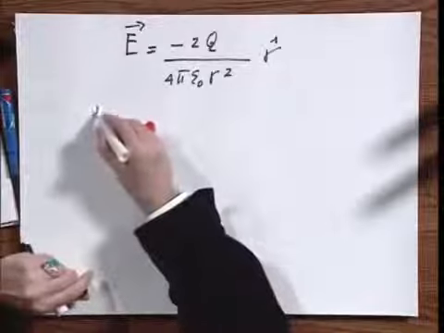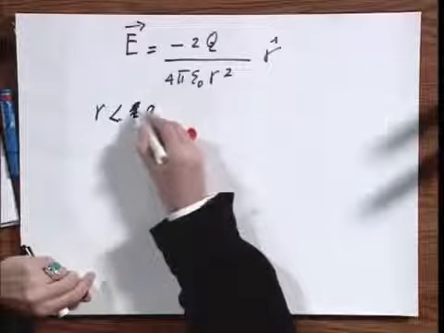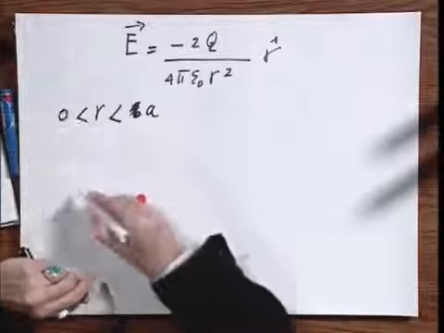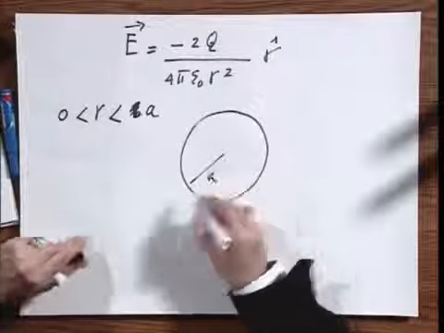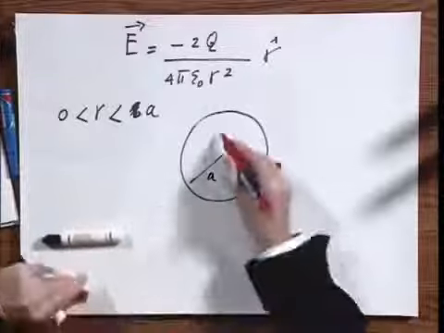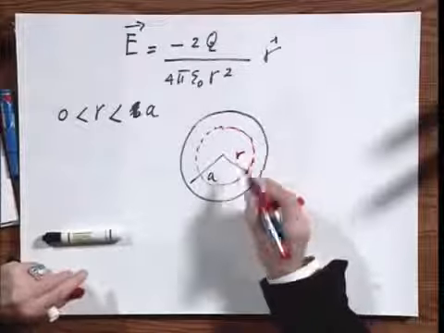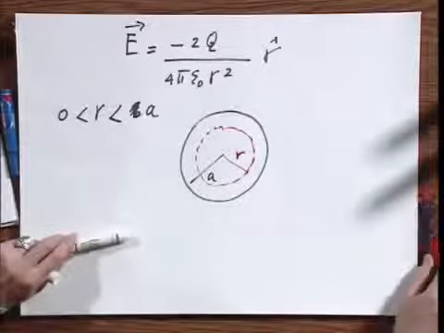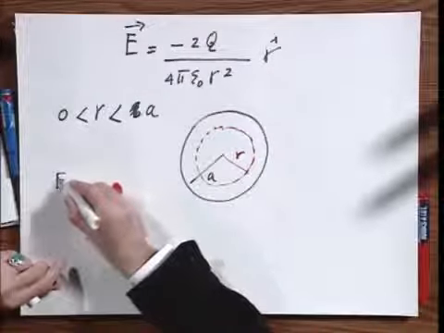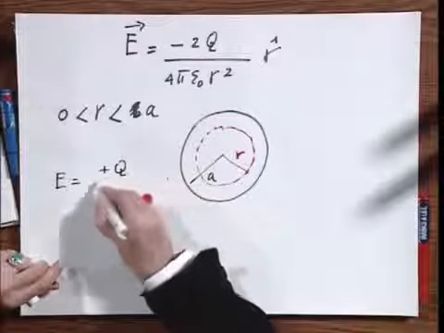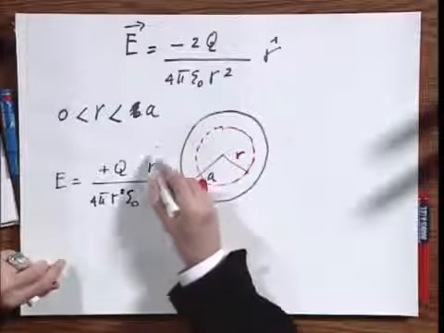If now you want to know what the electric field is inside the inner cavity, then again, here is that radius A, you apply a spherical surface with radius little r, and you yourself can now very easily convince yourself that inside this cavity the electric field will now be plus Q divided by 4 pi r squared epsilon 0 r roof.